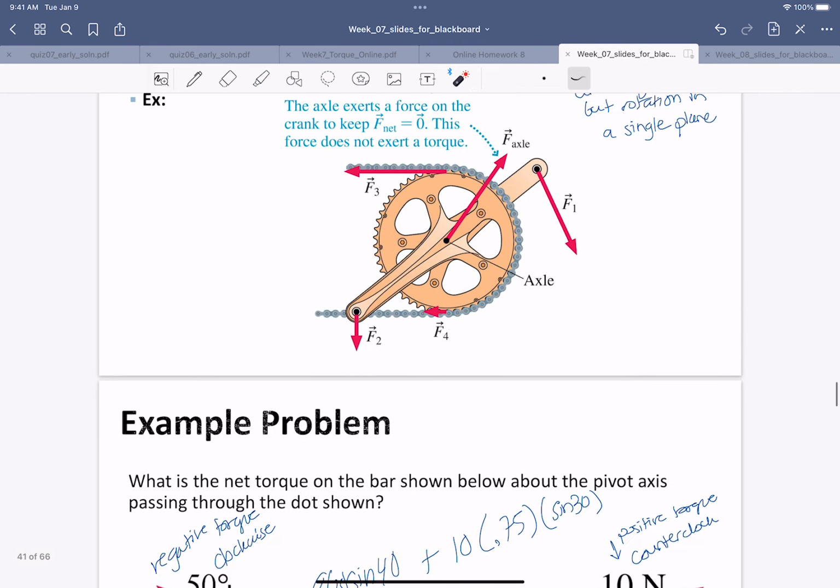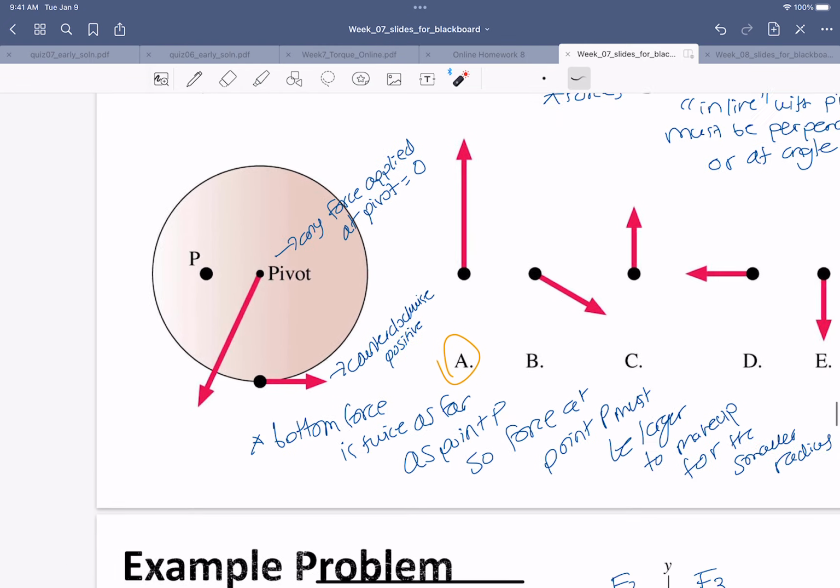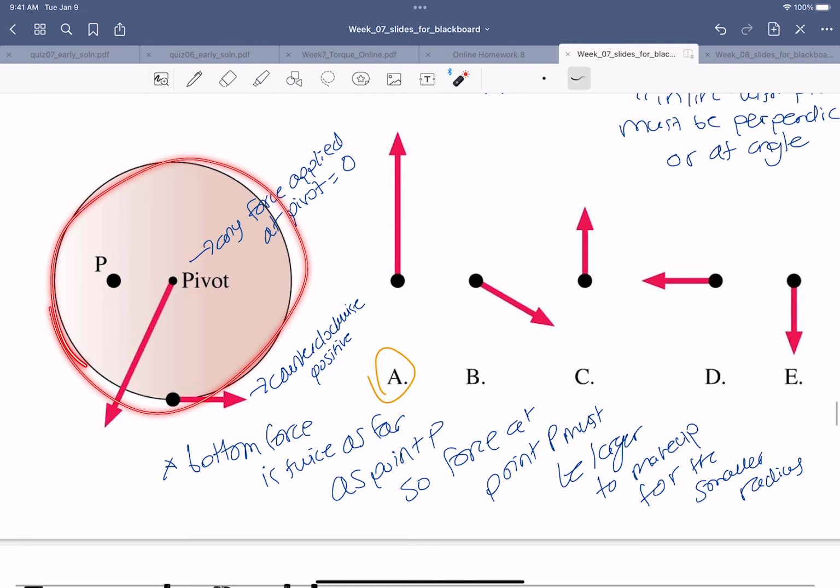And in the event that you don't quite see the radial line and what's going on, for example, like this problem right here, which is literally just a circle without any indication of where the radial line is, we'll just think of radial being radius. So if this is my central axis in the middle, where my pivot is at, the radial line always has to intersect or cross with the force that you're looking at.